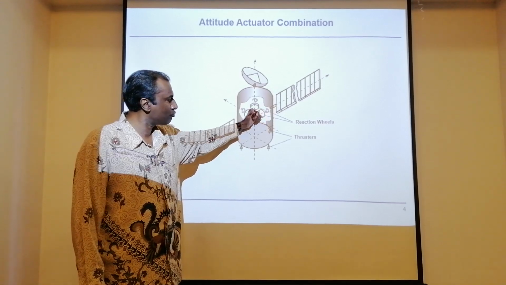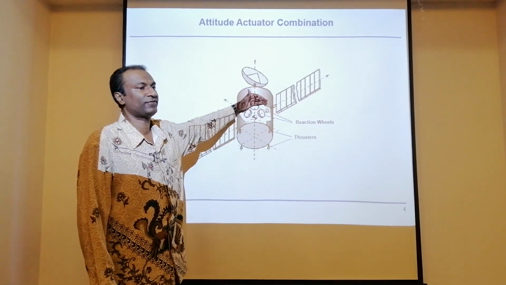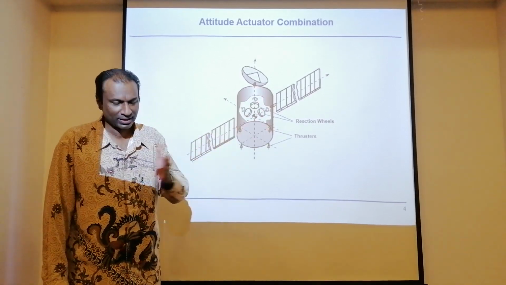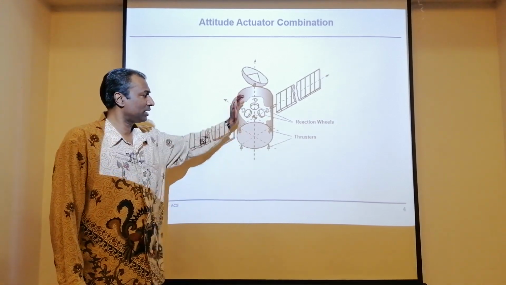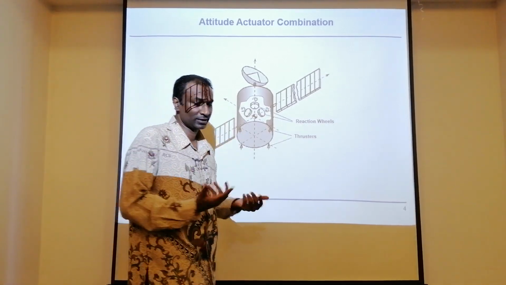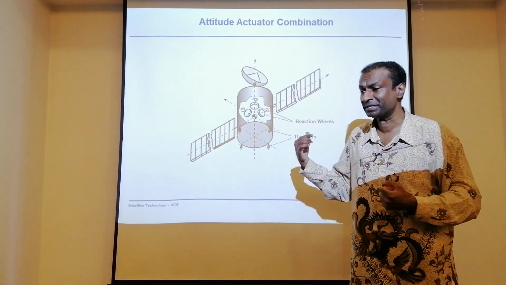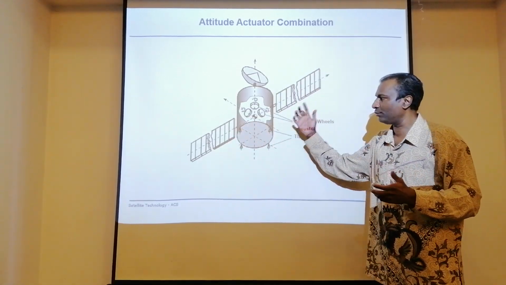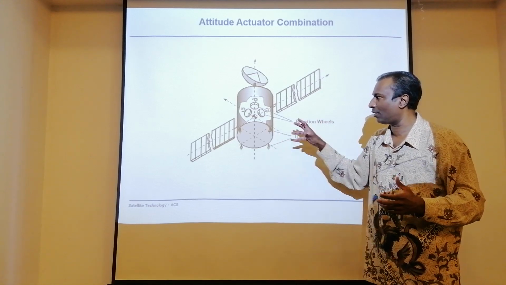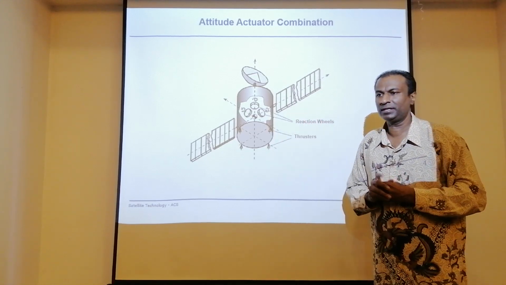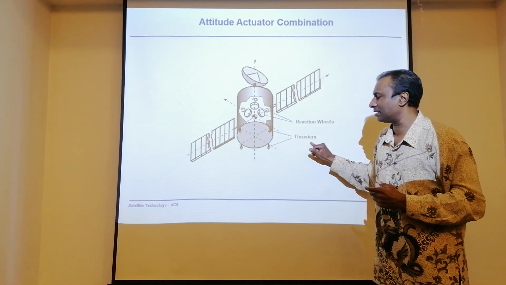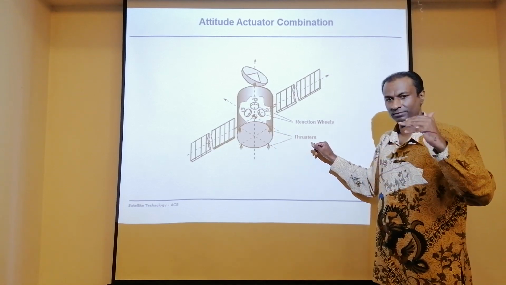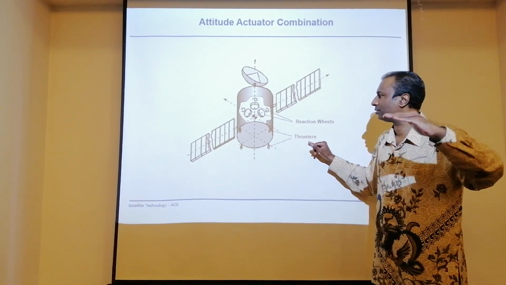But when you want to move the satellite into a different orbit, for example, from one spot to another spot, you must have thrusters. So as you can see, there are 2 good actuators that have been presented here, in the 2 different chapters that we have seen, and we have brought them together to see how they have been installed in the satellite. Again, thrusters can be used to control the orbit because they give you the translation motion.